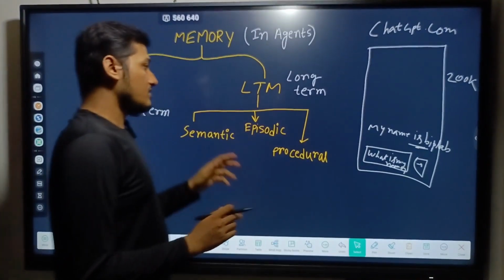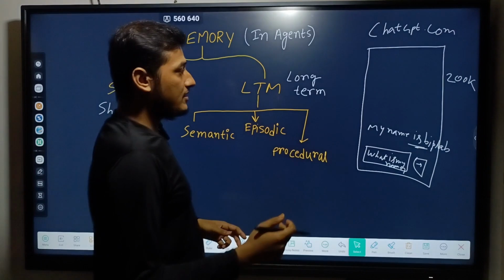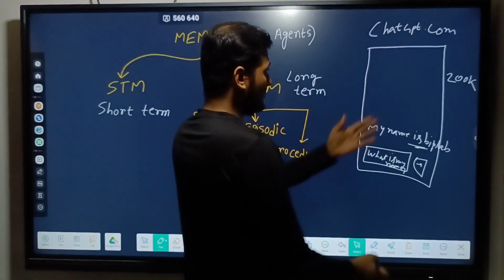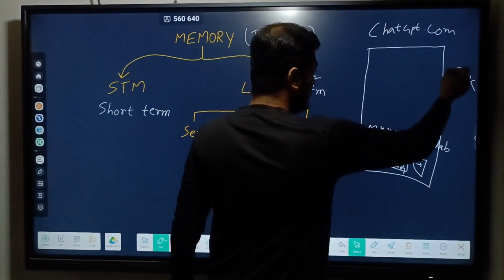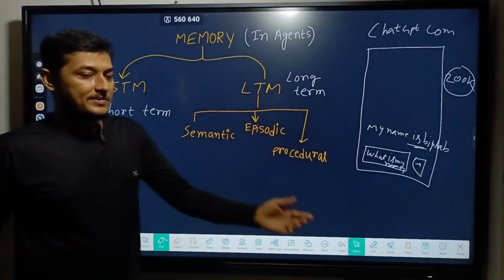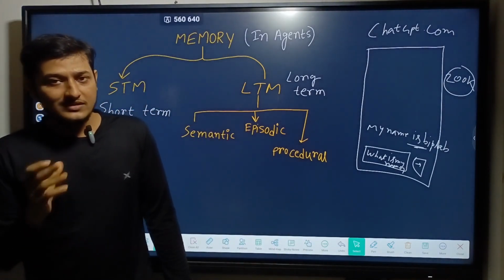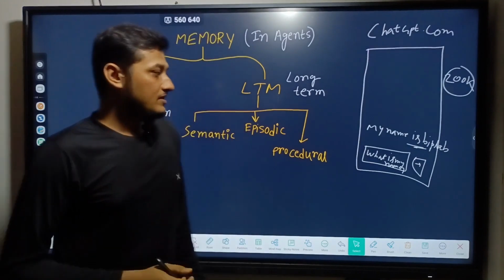Now if I talk about STM, meaning the short term memory, here you see this 200k context window. Gemini has a 1 million context window. Some days ago Claude has introduced a 1 million context window as well. Why is this context window necessary?